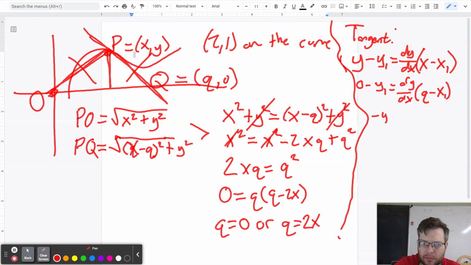So we get negative y1, which is really just standing for the y value at P. So negative y1 is equal to dy/dx times (2x minus x1).